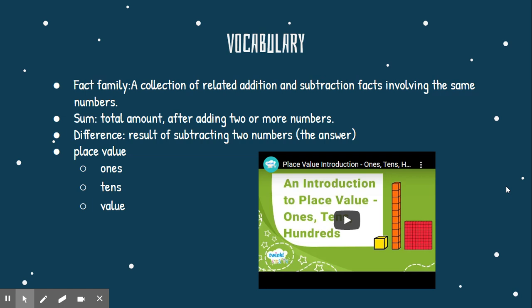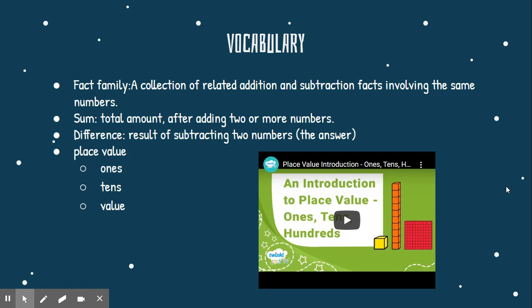The sum is the total amount after adding two or more numbers together. So when you add numbers together, the end amount is the sum. Difference is the result of subtracting two numbers. So when you subtract two numbers, the answer is called the difference.